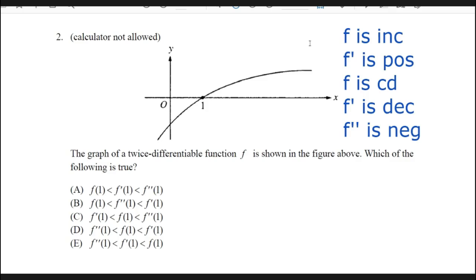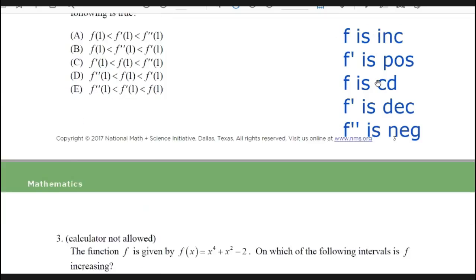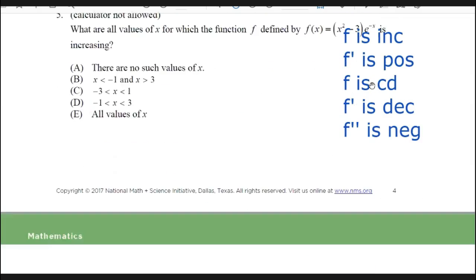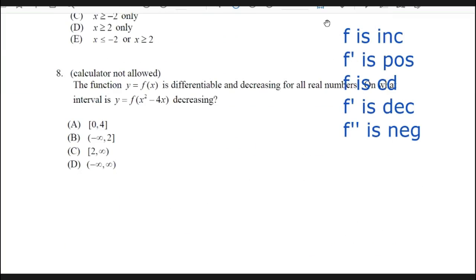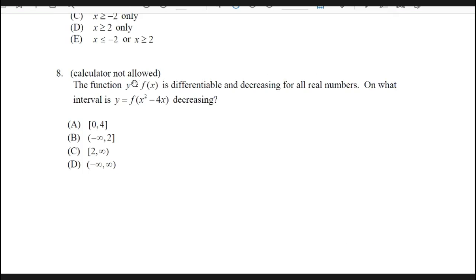Okay, the next big one we missed was number 8. Number 8 says the function y equals f of x is differentiable and decreasing. So again, the minute I see that f is decreasing, in my head I'm saying f prime is negative.